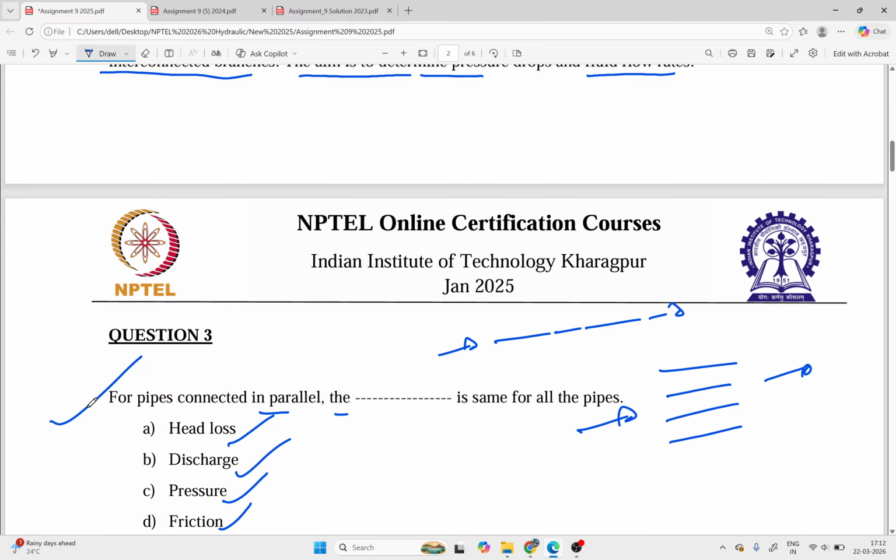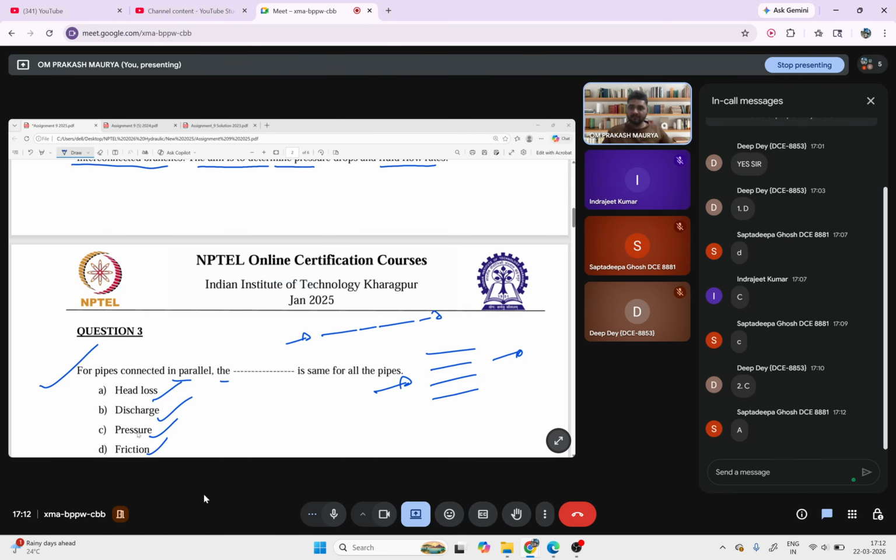So just try to think what should be the correct option. Okay, Bose is telling option A, head loss. Head loss will be the same for all pipes if pipes are connected in parallel, okay.